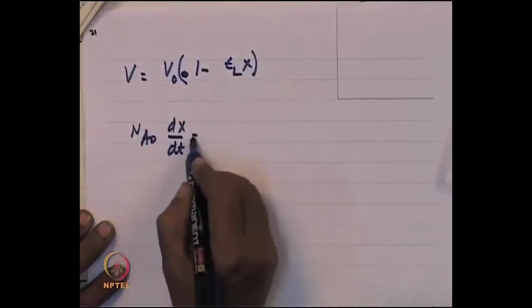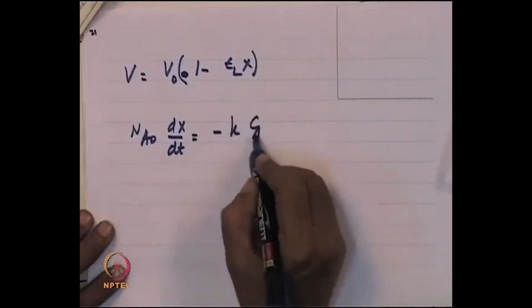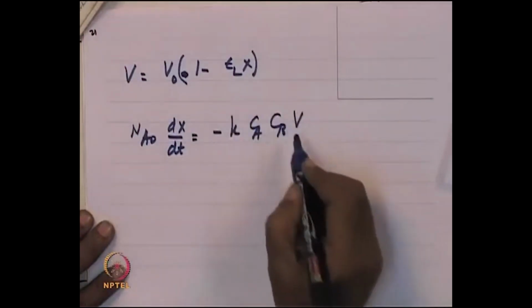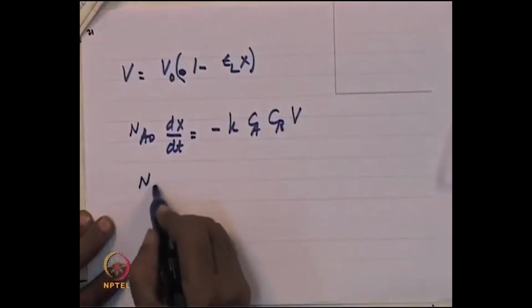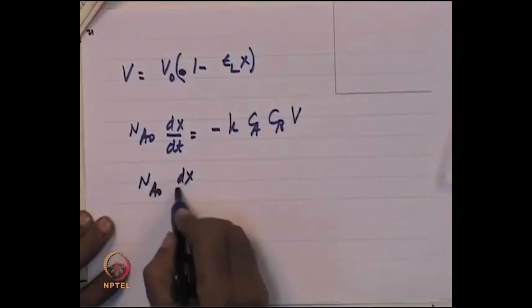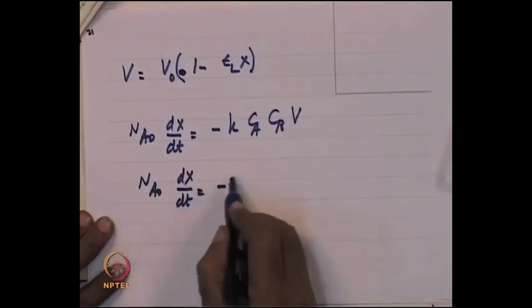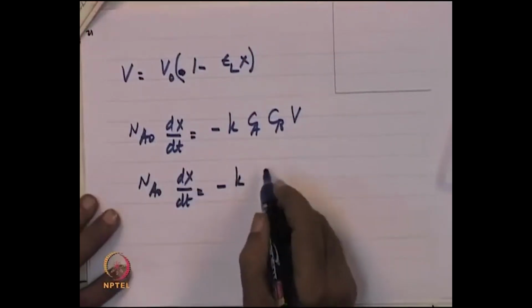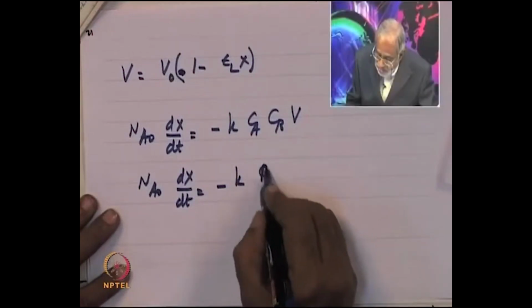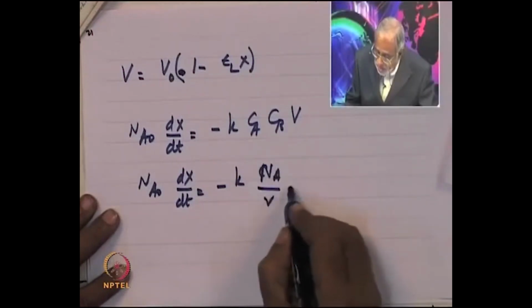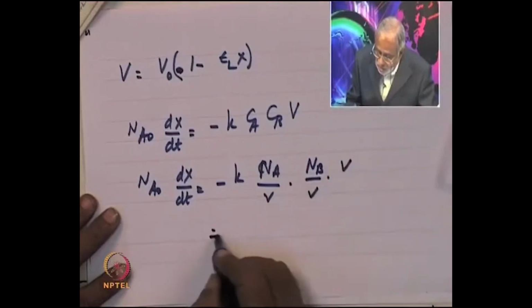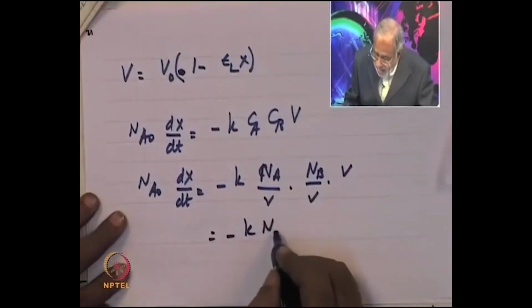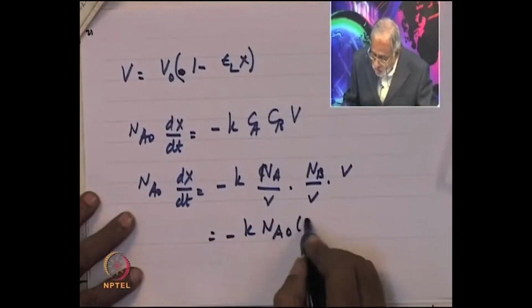See, this is our equation, which is minus of k C A times C B times V. Now, this V we can substitute from here, that was the idea. So, we have N A 0 dx dt equal to minus of k C A, where C A is N A by V, and C B is N B by V, and this is V, or equal to minus of k N A 0 1 minus x.